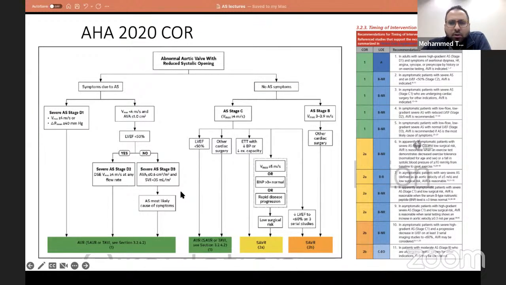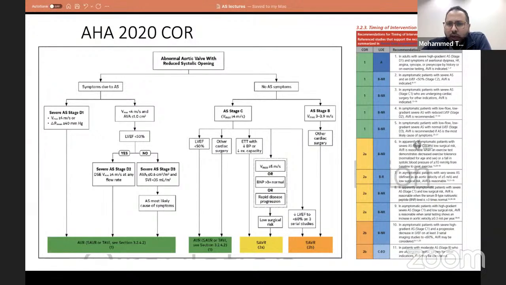So if you think about it, all the symptomatic severe aortic stenosis need to have some sort of intervention, whether they're classical, paradoxical low flow, low gradient, or the normal hemodynamically significant severe aortic stenosis. When it becomes asymptomatic, it becomes a little bit trickier. So low ejection fraction, less than 50%, or other concomitant cardiac surgery.